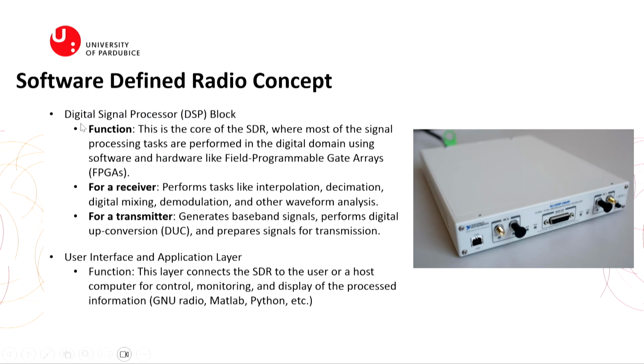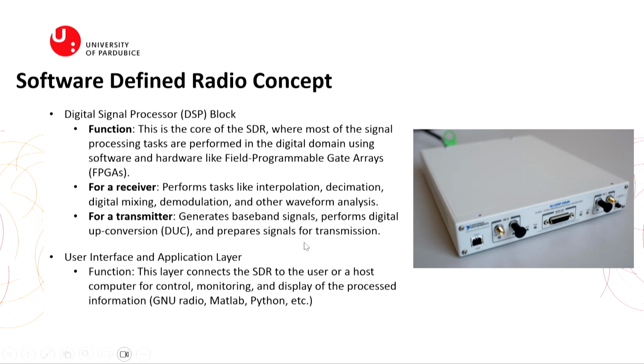For the receiver, this DSP processor performs tasks like, for example, interpolation, decimation, digital mixing, demodulation, or other waveform analysis. For transmission, it generates the baseband signal, performs digital up conversion, and prepares signals for transmission.